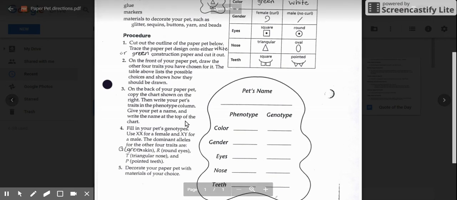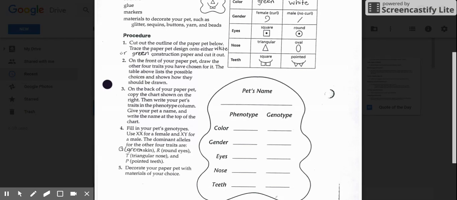Once you determine your male and female, XX for female, both capitals, and XY for male. They are going to look very different than what we've been doing in class, but those will stay that way. So you'll put those two genotypes in your Punnett square underneath trait number 2.